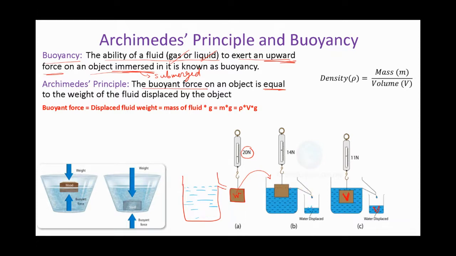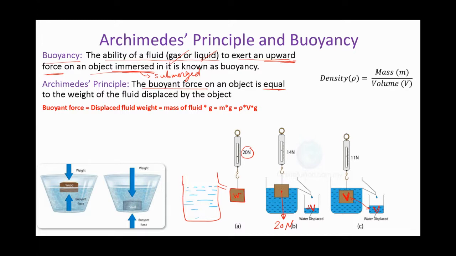Also in the first case, the volume of this water equals the volume of what? Of the submerged part of the object. This is called the displaced water. Its volume equals the submerged part of the object. When we partially submerged the object, we found that the weight did not change, of course, 20 Newton.